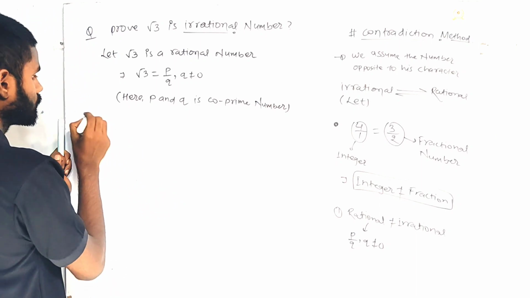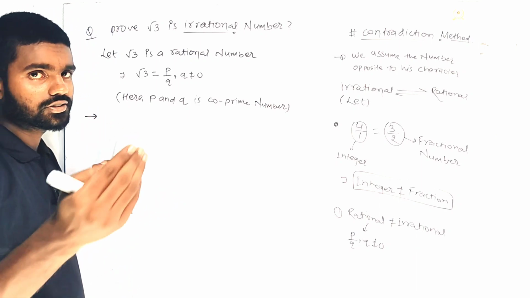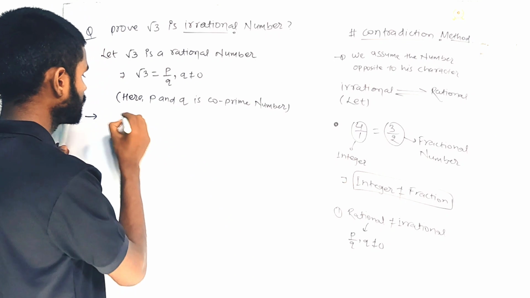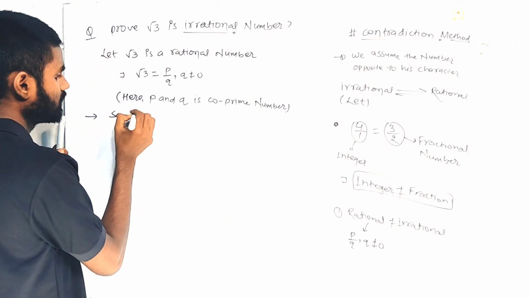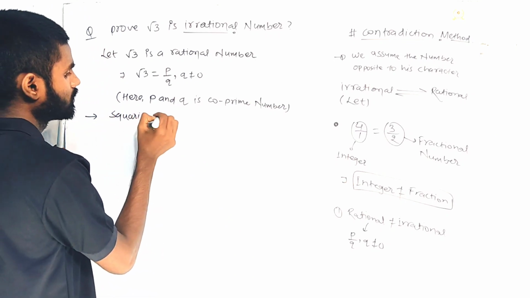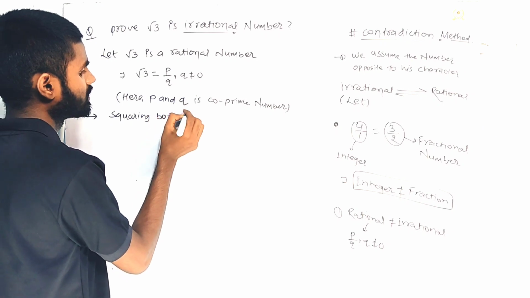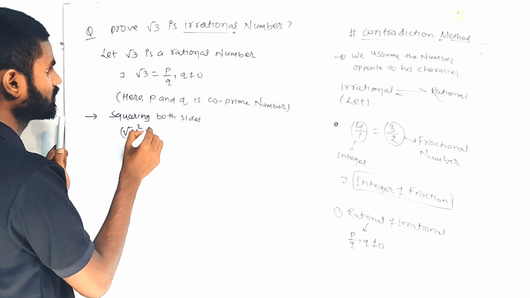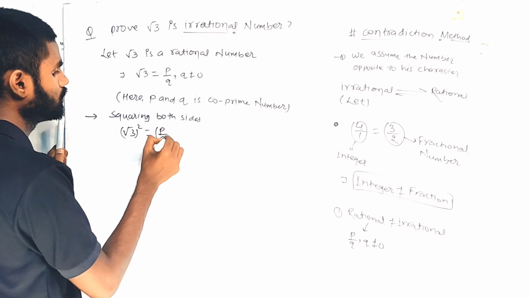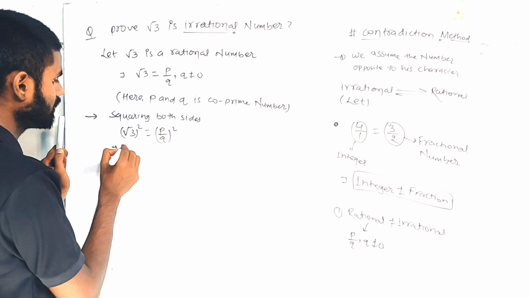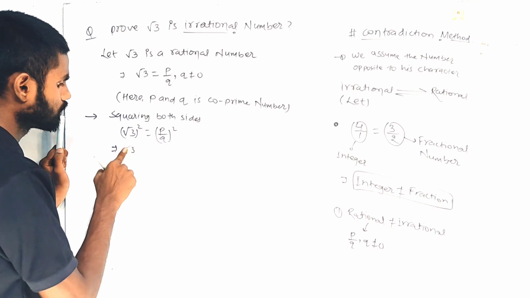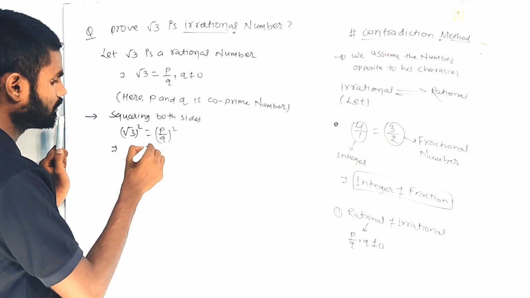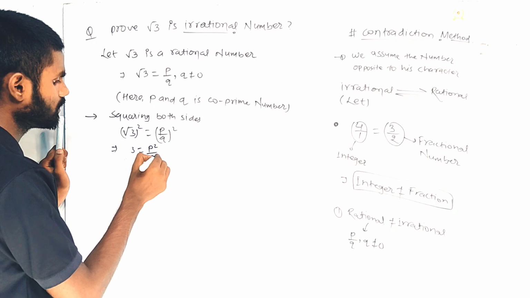Now we're gonna square both sides. Then root 3 squared equals p upon q squared. The root 3 squared is 3, and p upon q squared is p square upon q square.